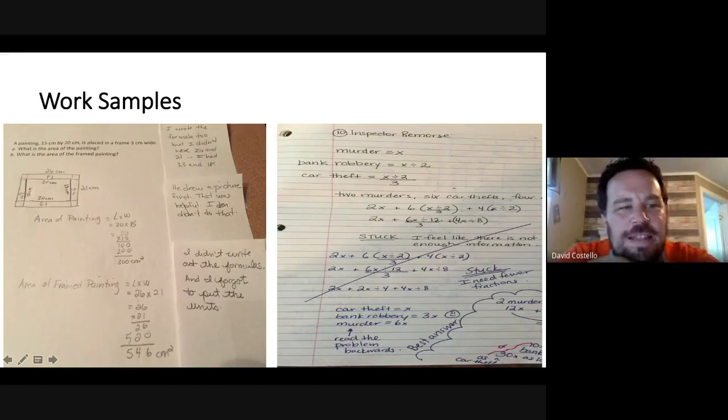And the problem on the left would be a painting, 15 centimeters by 20 centimeters, placed in a frame 3 centimeters wide. So the two questions are, A, what is the area of the painting? And B, what is the area of the framed painting? So this student solved it. And the 3 little Post-it notes on the side were from other students looking at this work.